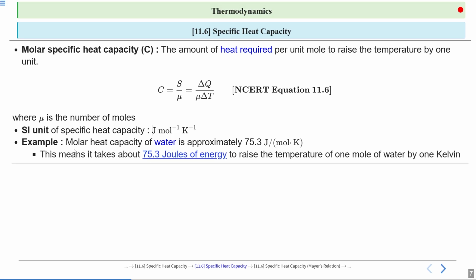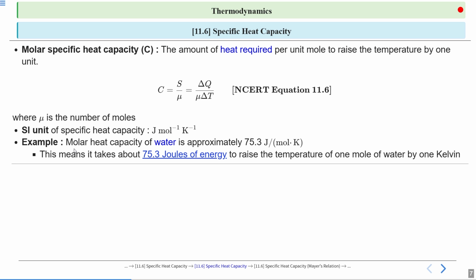It means it takes 75.3 joules of energy to raise the temperature of 1 mole of water by 1 Kelvin. In other words, the heat, or energy, required to raise the temperature of 1 mole of water by 1 Kelvin is 75.3 joules.